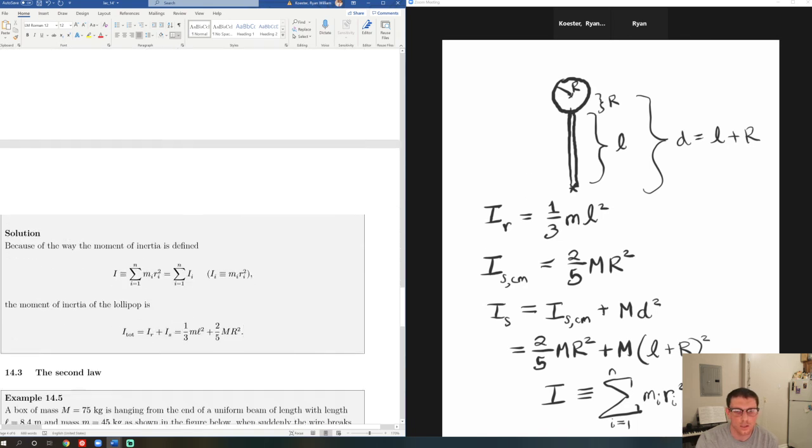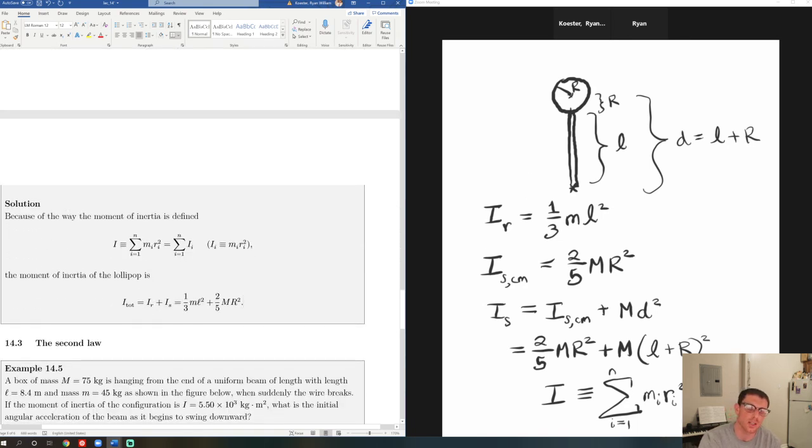Yeah. And actually you can't, because I didn't give you any numbers, so you're just stuck with the symbolic result here. But if you really want to, you could make up some numbers, I guess. But that is how you would do this. And this is a general property of moments of inertia.